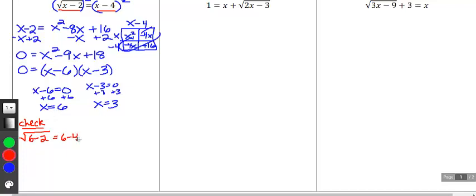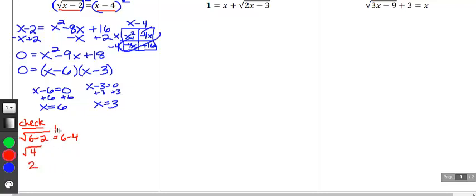You are not solving this. You are not going to be squaring both sides of this. There is no variable left over. All you have to do is simplify. So we're going to do the 6 minus 2 inside of the square root. We get to 4, and then we're going to take the square root to get to 2.